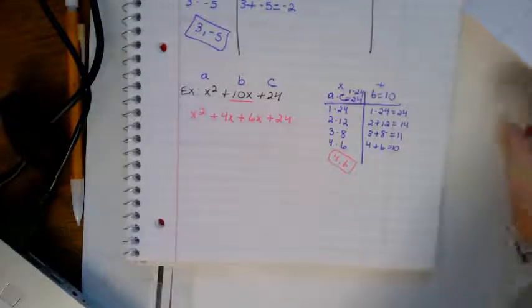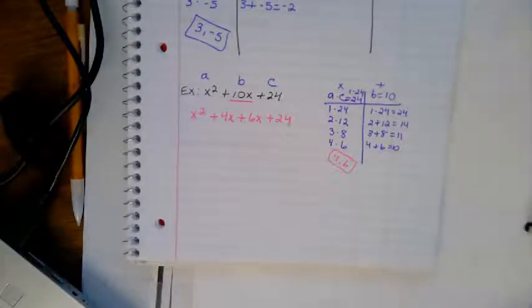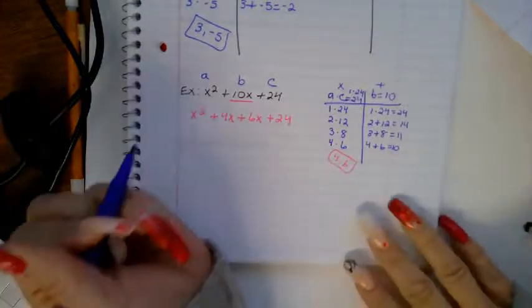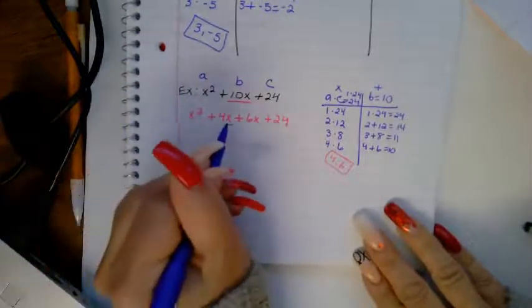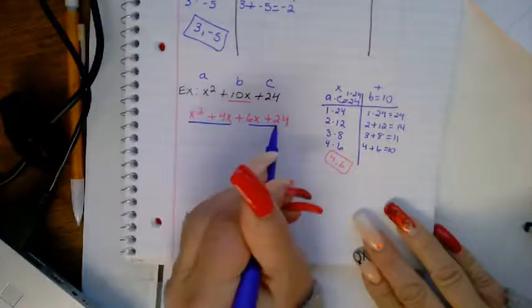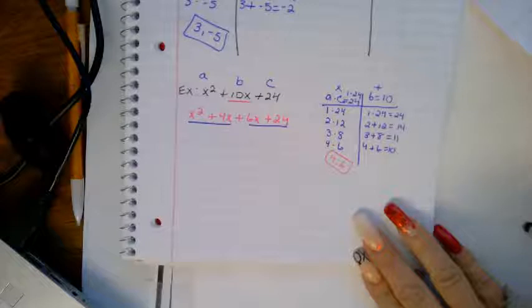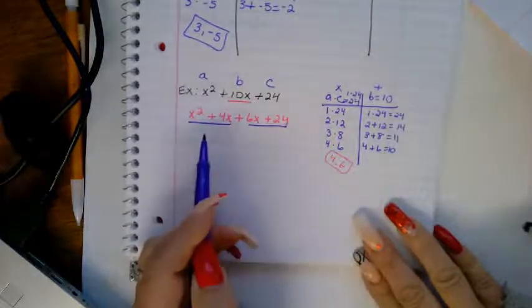Okay. Now we're going to move on to step 6, and we're going to factor by grouping. So let's look at our groups. Remember, our groups were these two and these two. Those are our two different groups, right? So we're going to factor. What can we factor out of x squared plus 4x?